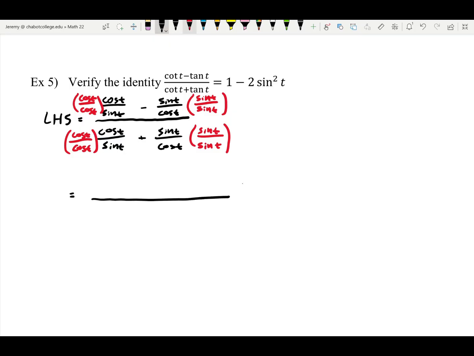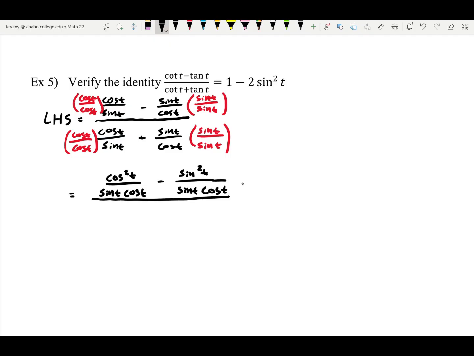So in the big numerator, that first fraction will be cosine squared t over sine t times cosine t, and then minus, over here, I'll have sine squared t over sine t cosine t. So that's good. I have my common denominators up there.